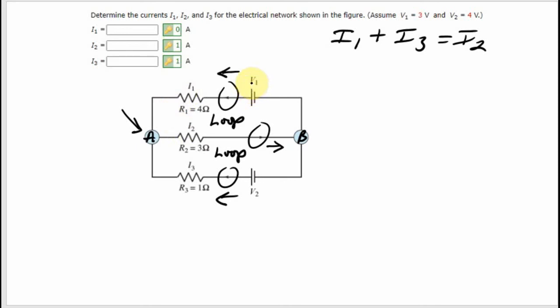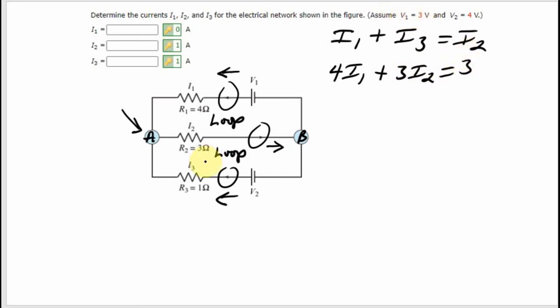That's basically Kirchhoff's law. So here I'm going to have 4 I sub 1 plus 3 I sub 2 is equal to, and they say that V sub 1 is 3 volts. So we get 4 I sub 1 plus 3 I sub 2 is equal to 3.